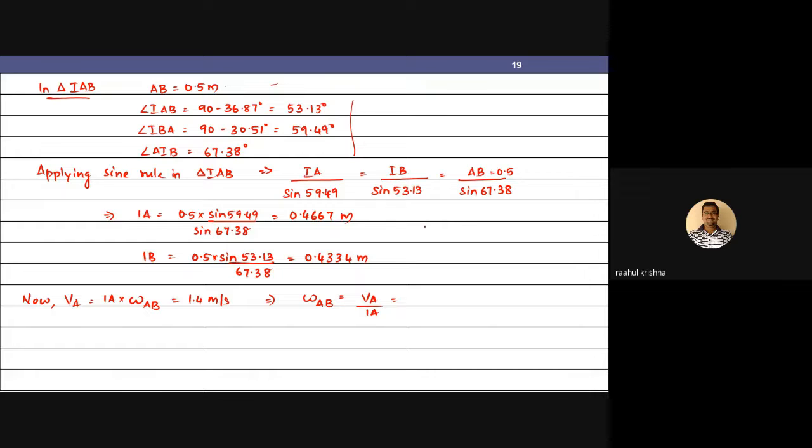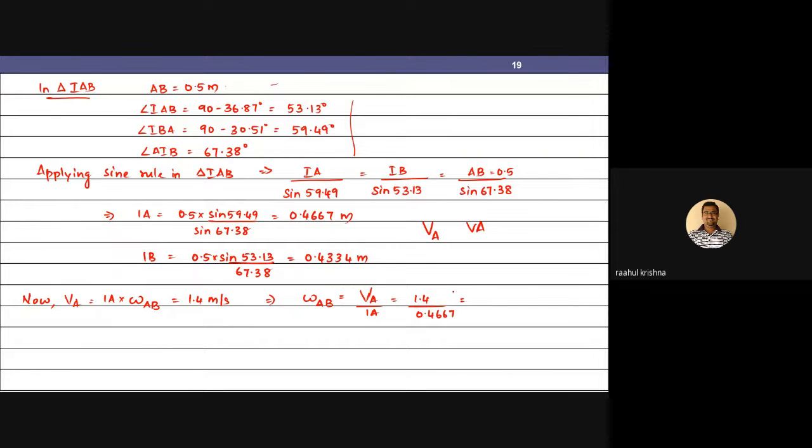The notations are different for both, so write the notations very carefully. So VA divided by 1.4 divided by 0.4667.